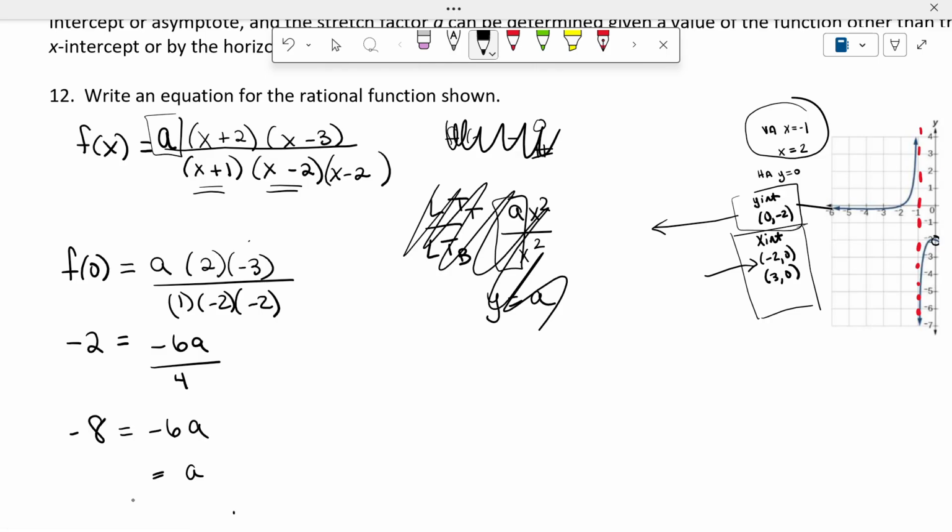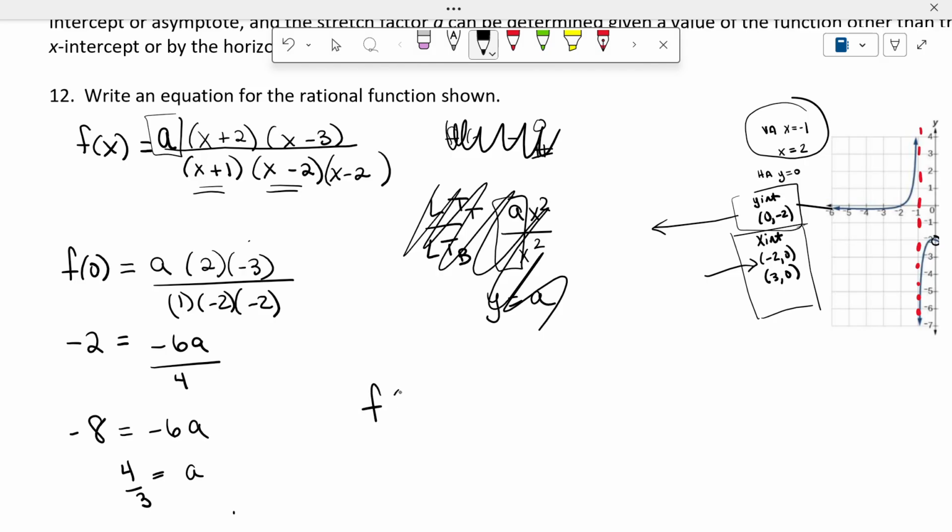A is going to equal a positive, wait, do I have a sign error? I know, it's 4/3. It's divided, it'll be a negative and negative. Positive 4/3. So what does this mean?